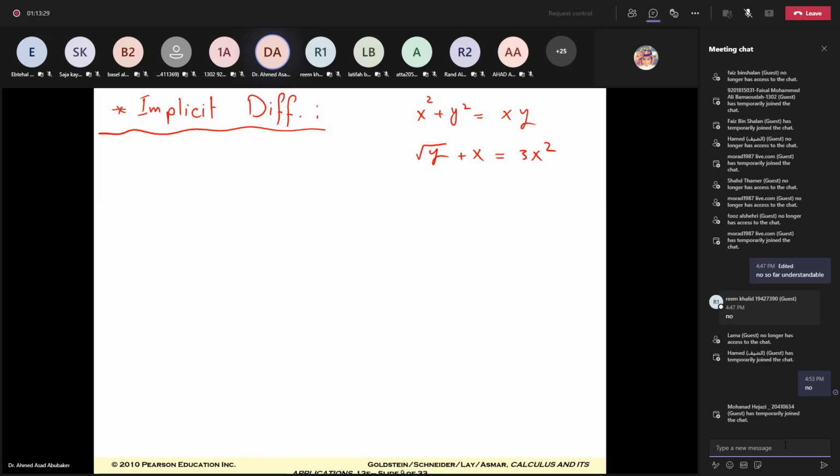If we have y as an exponent negative or less than 1, in a radical, or in a denominator multiplied with x, we use implicit differentiation.